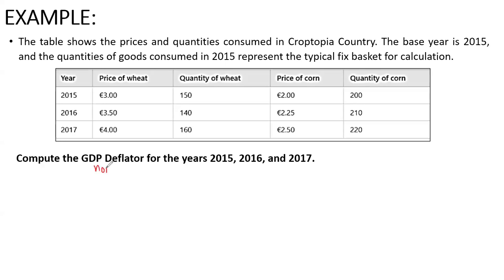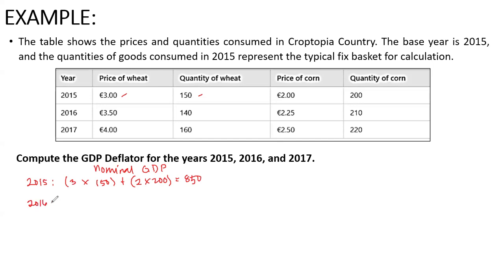For the year 2015, the current price of wheat is 3 times the quantity, which is 150, plus 2 times 200. So 3 times 150 is 450, plus 2 times 200, that is 400. So your nominal GDP here is 850.